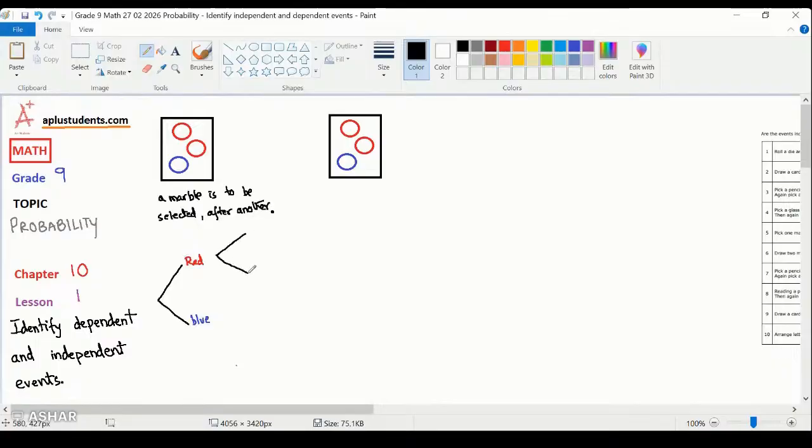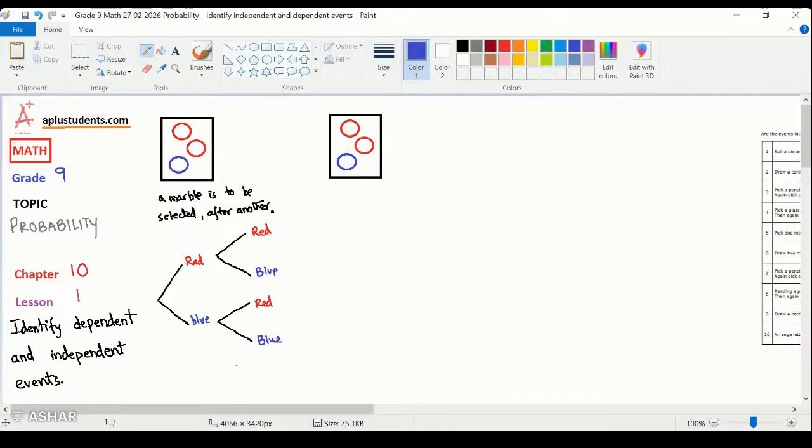It could be either red or it could be blue, right? The first one could be a red, and it can be a blue and blue.